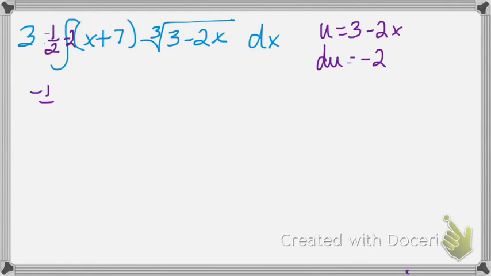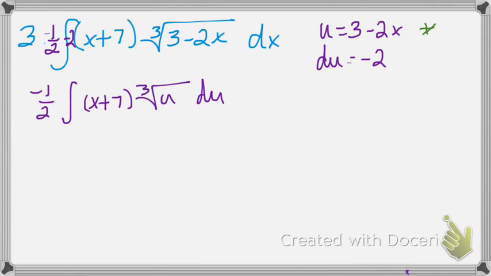So this would leave us with negative 1/2 integral x plus 7 times cube root of u. I still need to know what x is, so I'm going to solve right here for x. I'm going to subtract 3 and then divide by negative 2 to get x.